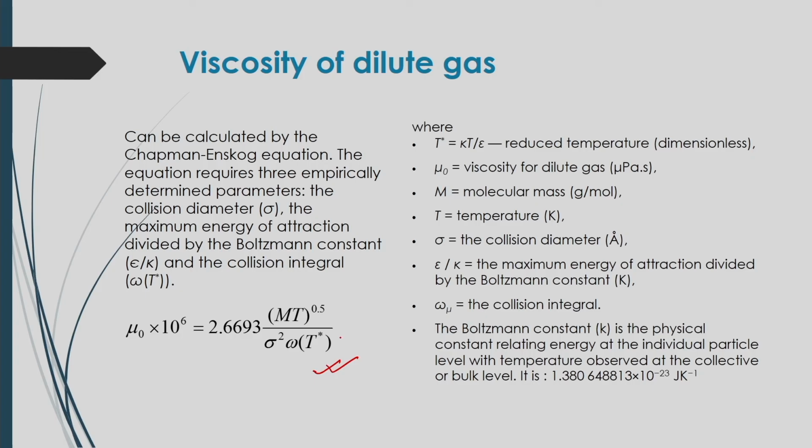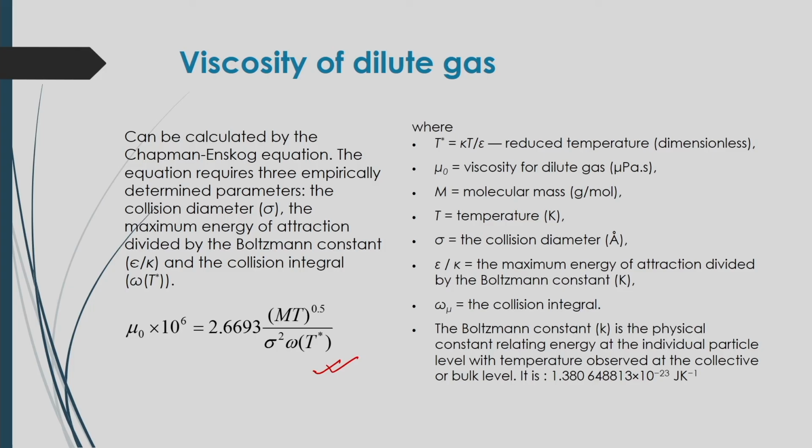Here in this case, mu 0 is the viscosity of the dilute gas, T star is the reduced temperature, which is dimensionless, m is the molecular mass in gram per mole, T is the temperature in Kelvin, sigma is the collision diameter in Angstrom, epsilon by K is the maximum energy of attraction divided by the Boltzmann constant, and omega mu is the collision integral.